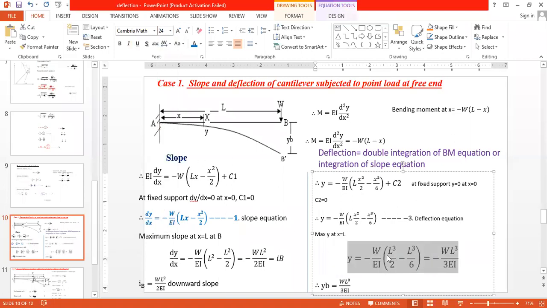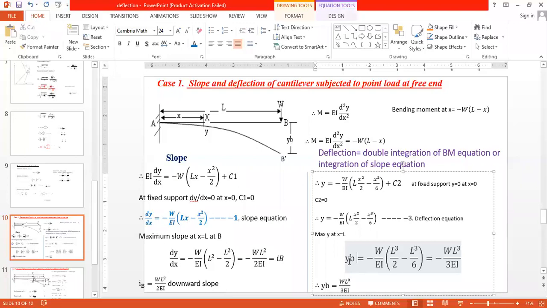You can see here, WL cube divided by 3EI. Addition of these two terms is L cube by 3. Okay. Now next one. This is the maximum deflection, and this is the deflection at B, sorry, not slope. It is the deflection at B.